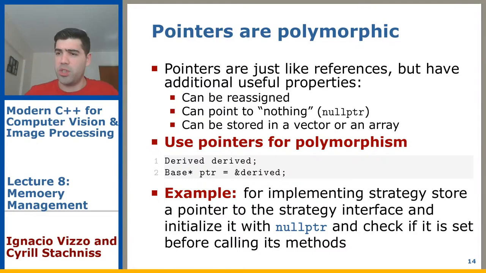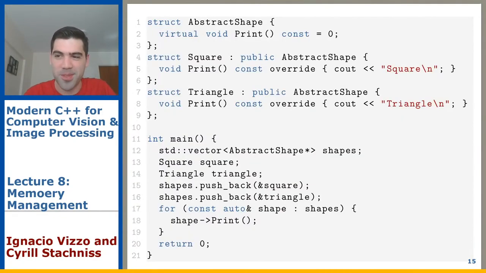We saw the strategy pattern last time. So you can store a pointer to the strategy and then you just work with the strategy without knowing which strategy you're picking. The only thing you need to worry about is that you should check for null pointer before using this pattern. The example is here because you need to do it for homework number 8, so make sure you go through it.